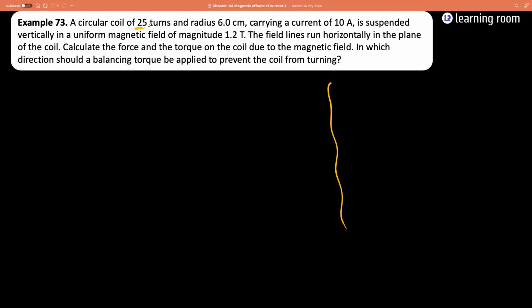So what is the answer for this question? A circular coil of 25 turns and radius 6 centimeter carrying a current of 10 ampere is suspended vertically in a uniform magnetic field of magnitude 1.2 Tesla. The field lines run horizontally in the plane of the coil. Calculate the force and torque on the coil due to the magnetic field. In which direction should the balancing torque be applied to prevent the coil from turning?